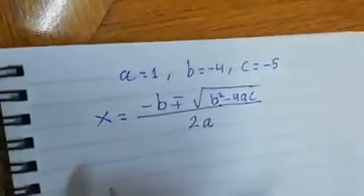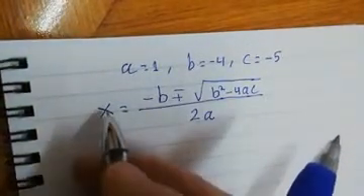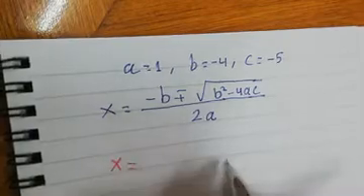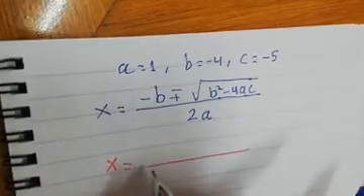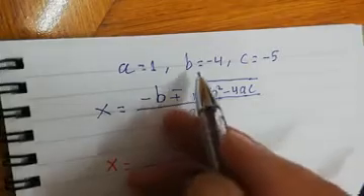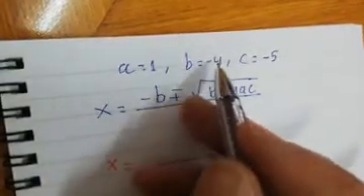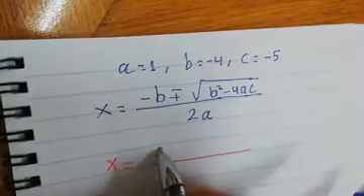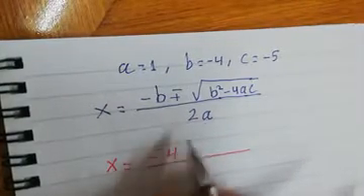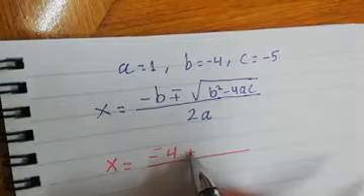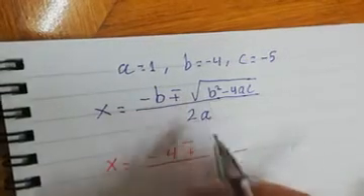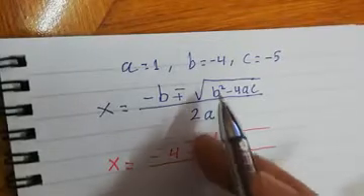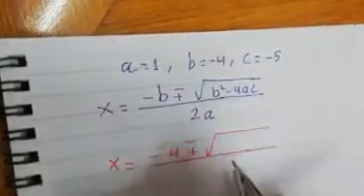Let us start. So I will start applying this formula. x equals -b, it will be -(-4), plus or minus the square root of b squared, so it's (-4) squared.